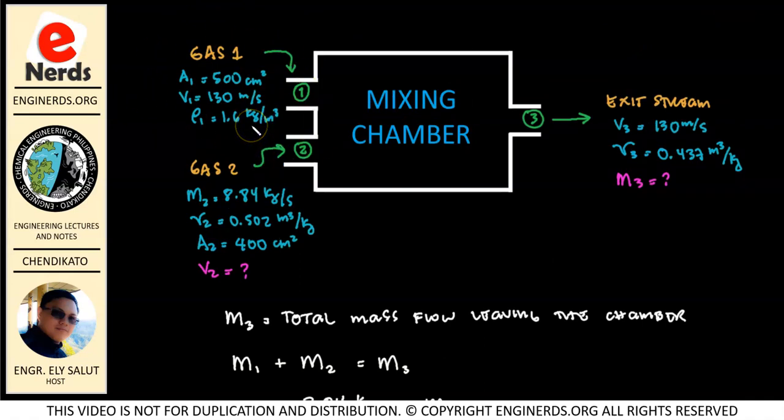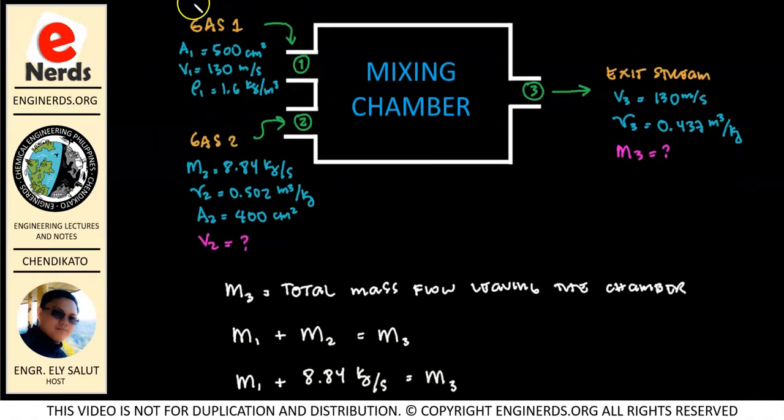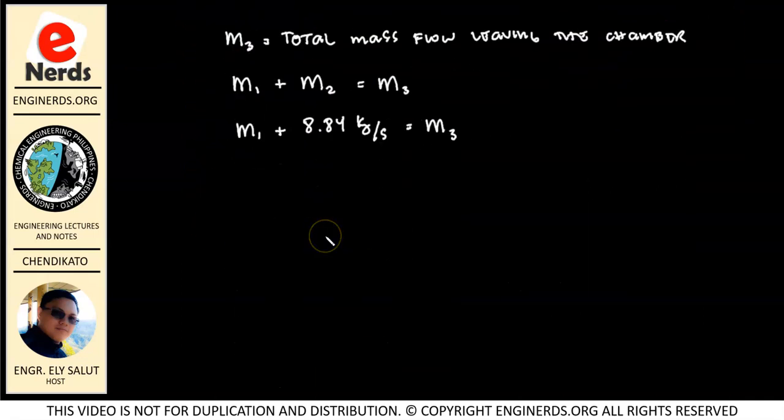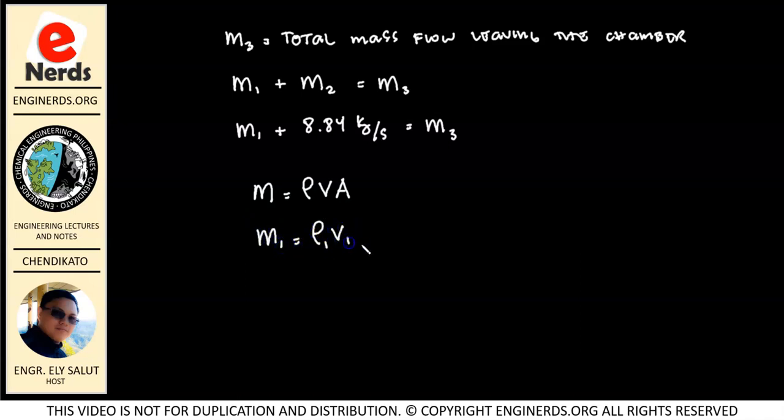And we can find yung mass ng ating gas dito sa ating stream 1 by applying yung natutunan nating equation sa previous video, which is mass is equal to the density of the fluid times the velocity of the fluid and the cross-sectional area ng ating stream. So, hinahanap natin yung ating M1. So, we will have M1 is equal to density 1 times velocity 1 times A1, ano?